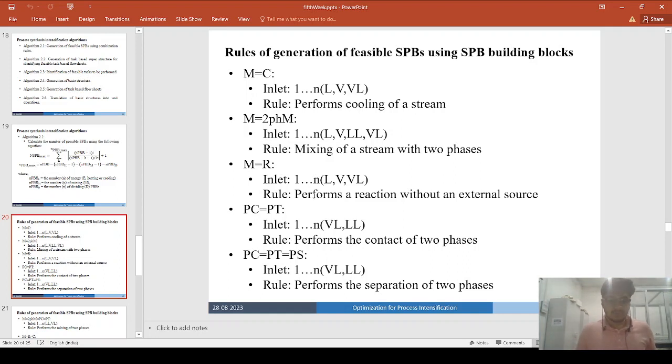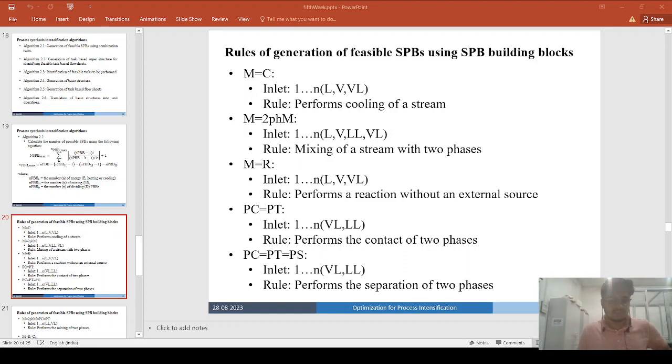So we will go through the rules. Some of the basic rules that are available are, for the mixing and contacting phenomena-based block, the rule is that it performs the cooling of a stream.